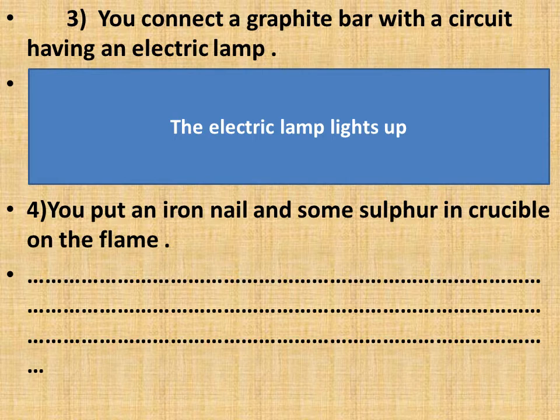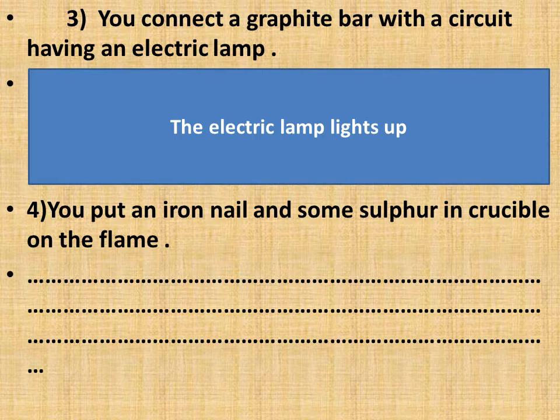Number 4. You put an iron nail and some sulfur in a crucible on the flame. A crucible is a kind of plate. We knew that iron is a metal, and all metals have a high melting point, and sulfur is a non-metal, and all non-metals have a low melting point.